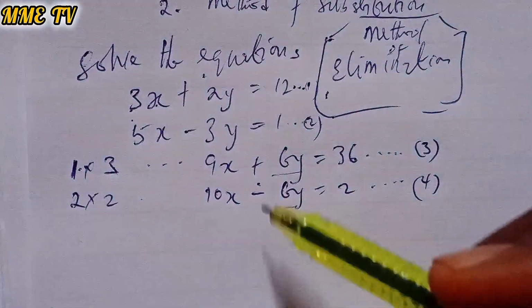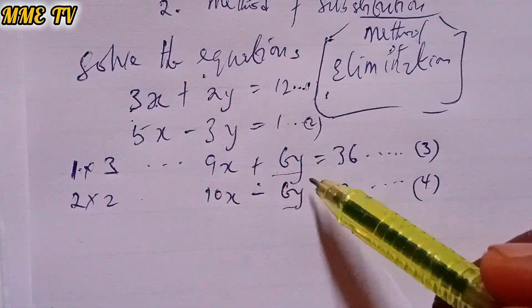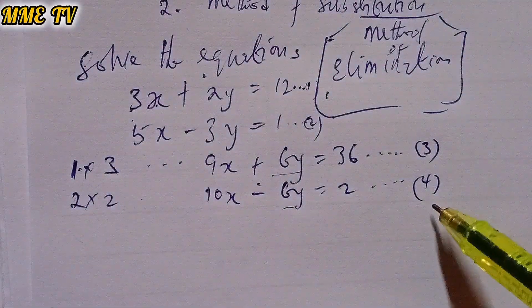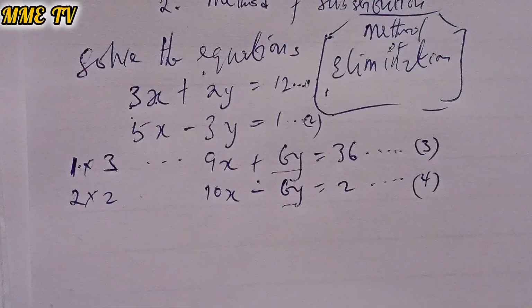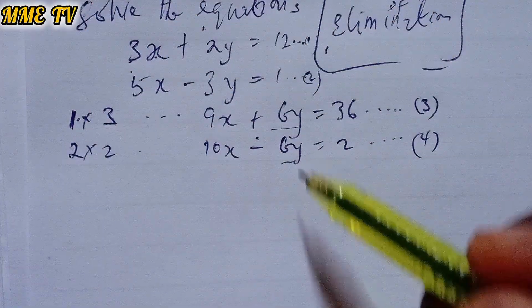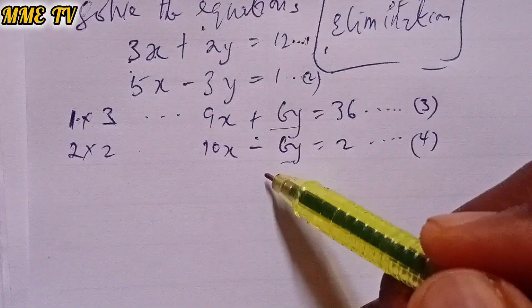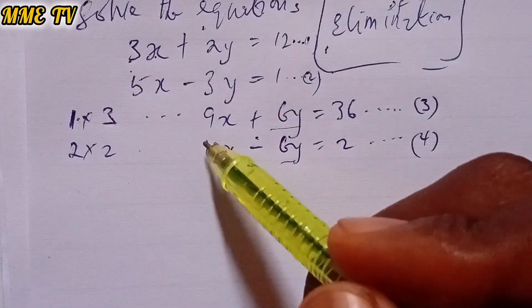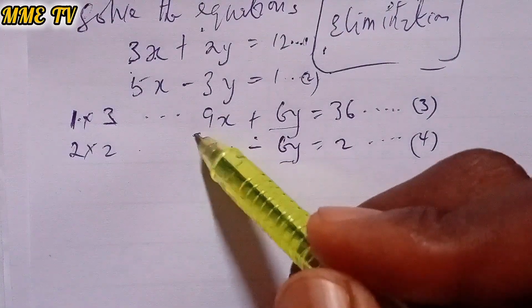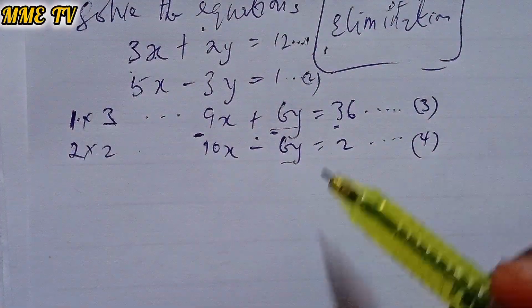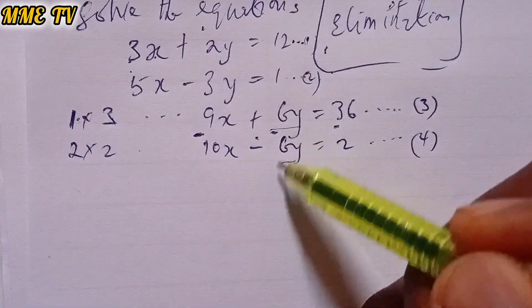As you've gotten to this point, you will see that 9x plus 6y is equal to 36, we call this equation 3 now, and we call this equation 4, right? Now, what do I do here? For me to eliminate these two, if I should introduce a negative sign, remember that it will be here, here, and here.